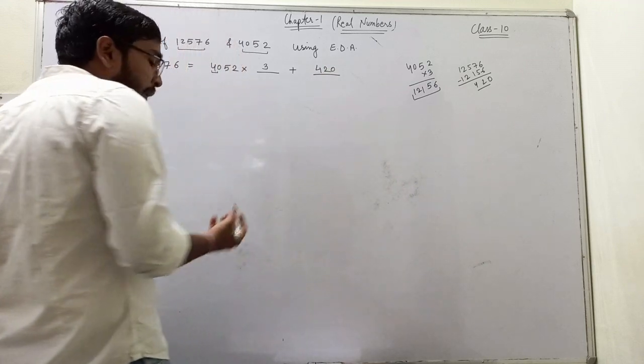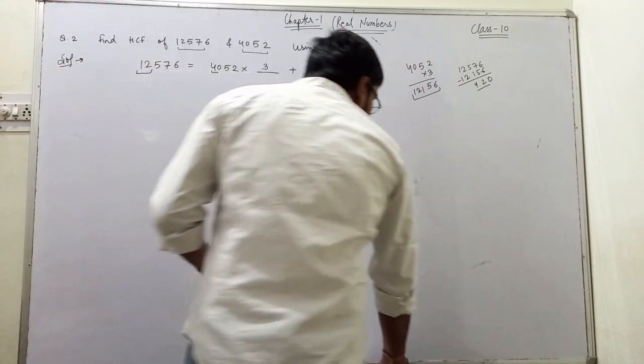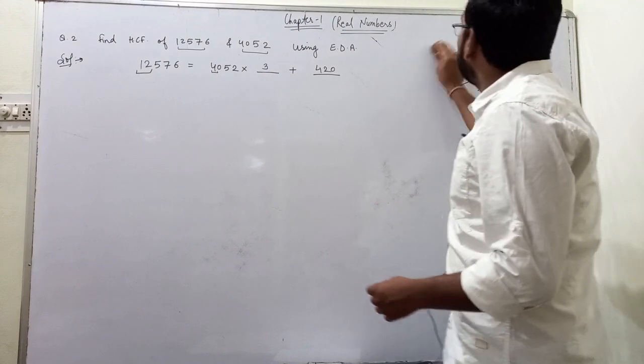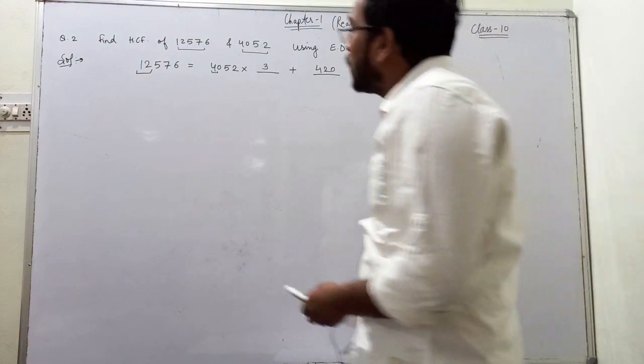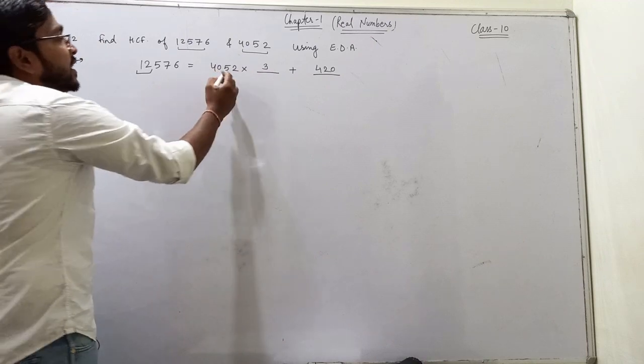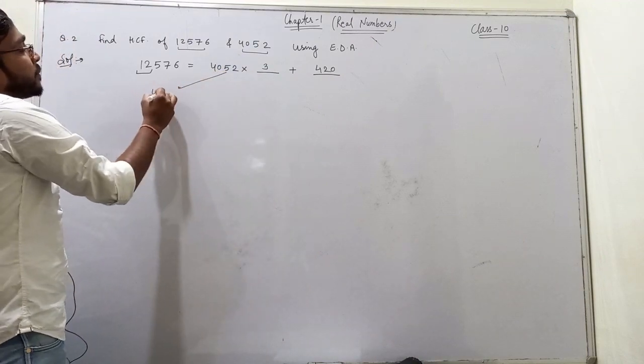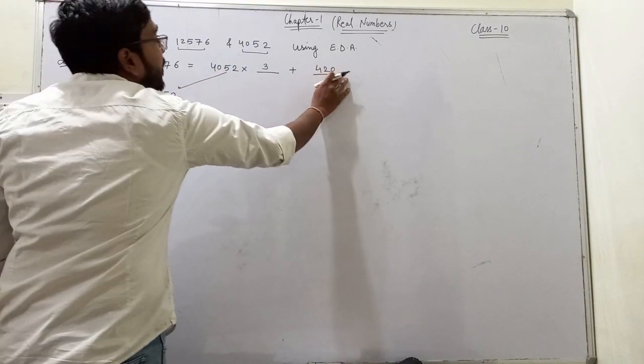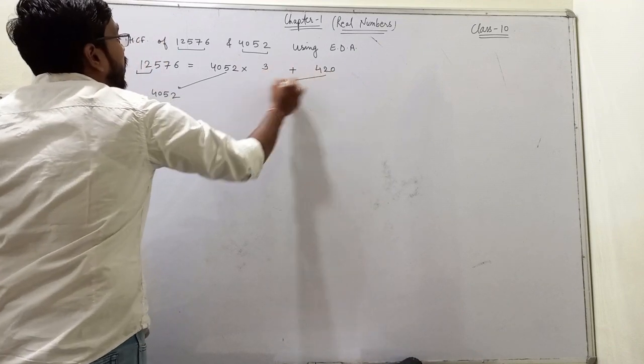Now the remainder is not 0. So since the remainder is not 0, I will substitute the divisor as the dividend in the next step and the remainder as the divisor. Okay.